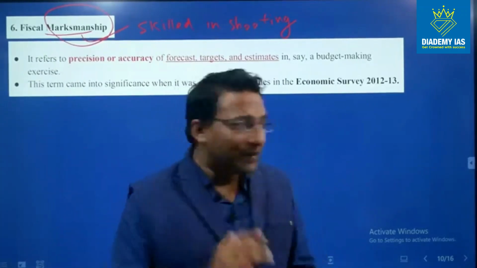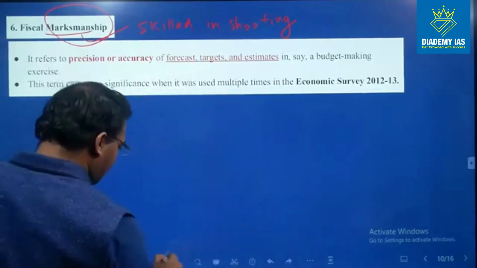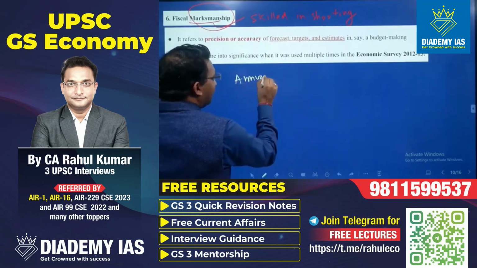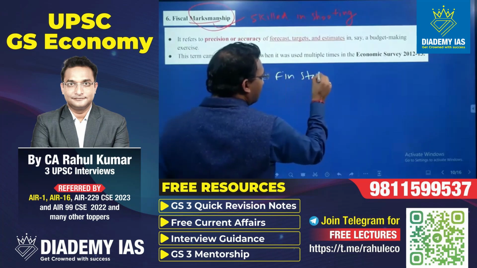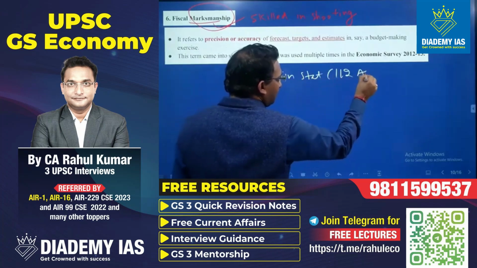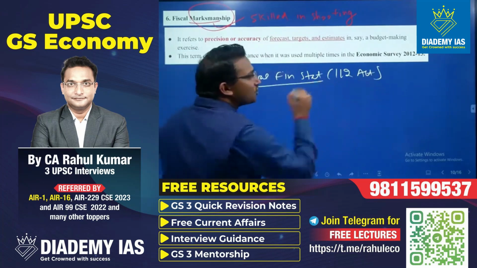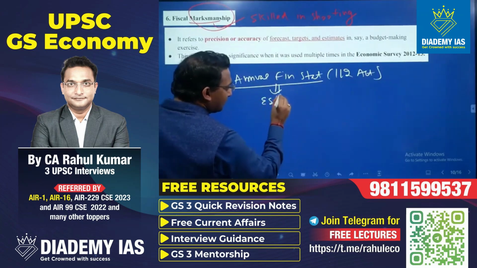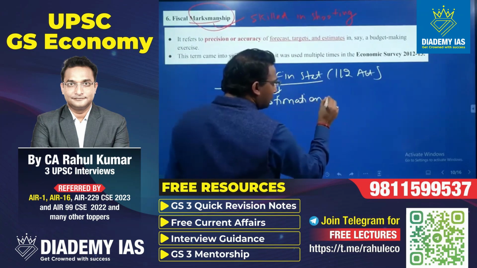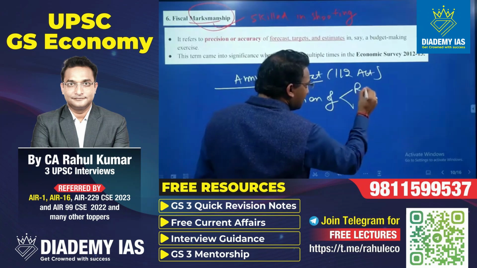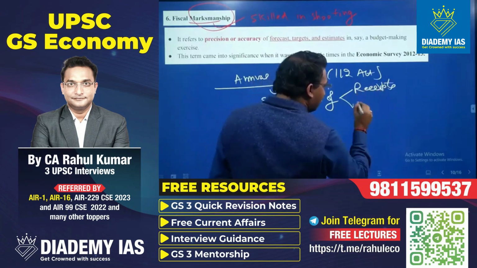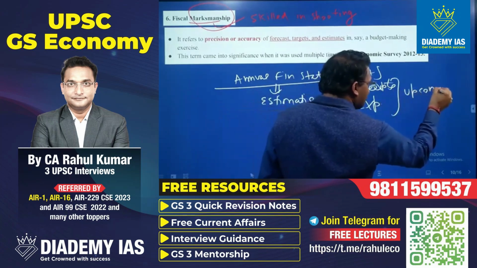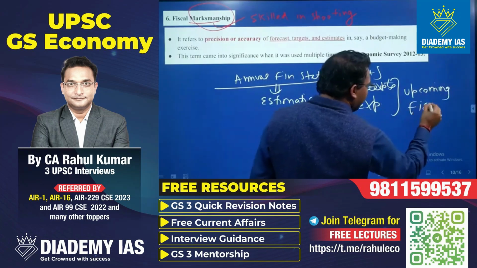So budget, what is budget? Budget is basically an annual financial statement as per Article 112 of the Constitution of India, right? Annual financial statement, this is basically an estimation of the receipts and expenditure of the upcoming fiscal year.